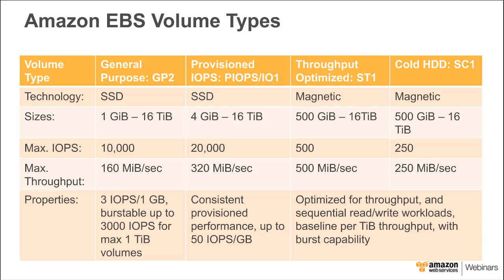There are 4 current generation types of EBS volumes, not counting a legacy magnetic type. 2 are SSD-based, designed for general and high-performance use cases with random or mostly random I/O. The other 2 are magnetic, designed to provide high throughput for large sequential read and write operations. As we'll see in a few slides, all have a place in the design of a SQL Server on EC2 solution.